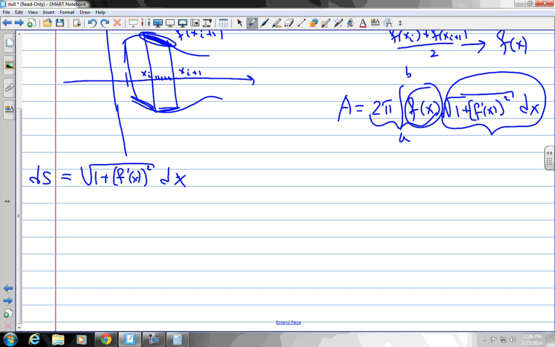So I can actually think of this formula as an integral with respect to the arc length. I can replace this whole chunk with ds. What makes it nice is that it's almost irrelevant whether I want to do a dx or dy integral. It's going to make those computations very easy.